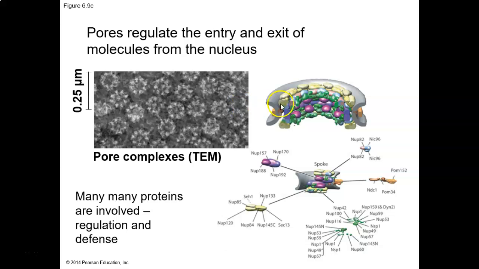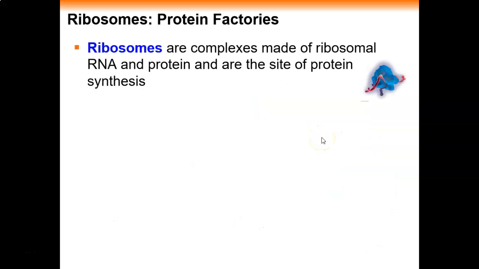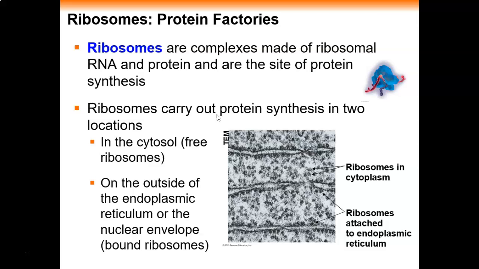So everything is actually more complex than it seems. But in Bio 181, we won't worry about that as much. But we will have to know about ribosomes. Ribosomes are the site of protein synthesis. This is literally where proteins are made. We're going to have a whole unit on this, so you don't need to know the specifics.